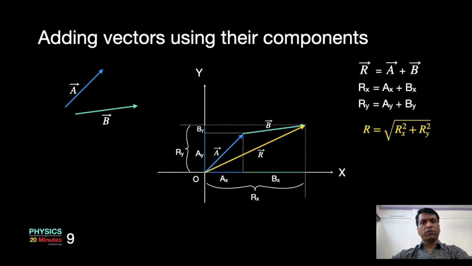Therefore, magnitude of vector R can be written as root of Rx square plus Ry square. If theta is the angle between R and x axis, then theta can be written as tan inverse Ry upon Rx. You can see that in this case we have obtained the magnitude of R and direction of R by knowing the x and y components of A and B vectors.